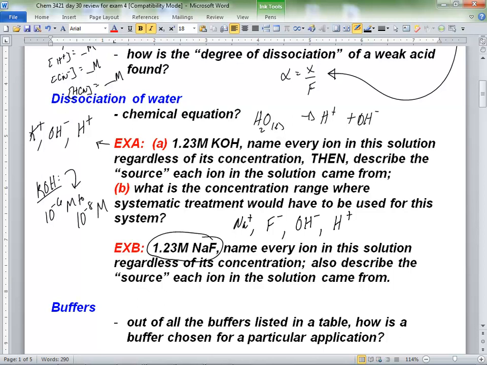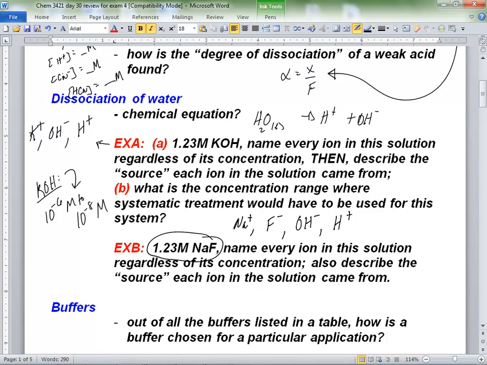So where does this stuff come from? The sodium definitely comes from the sodium fluoride solution. The fluoride comes from the sodium fluoride solution. Hydroxide comes from water. Hydrogen ion comes from water.